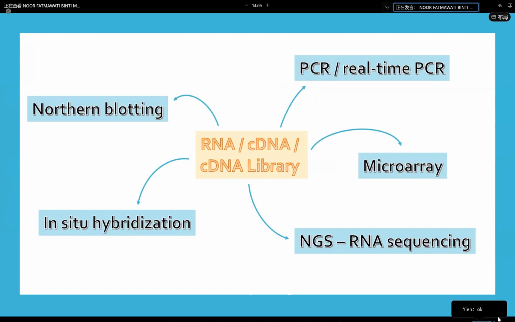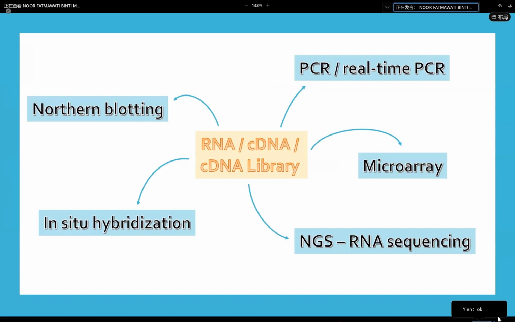NGS, RNA sequencing? Amplification dependent. In situ hybridization, it's hybridization itself. So it's amplification free. Northern blot? Amplification free, or hybridization.